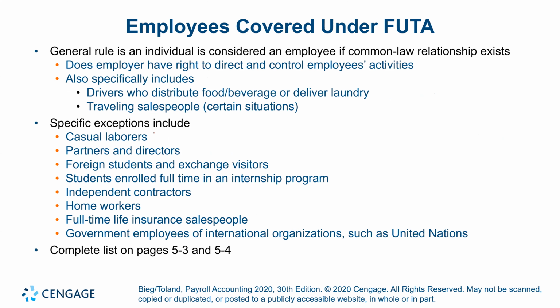All right, so employees covered under the Federal Unemployment Tax Act. The general rule is an individual is considered an employee if a common law relationship exists, and I mentioned this earlier. If the employer has the right to direct and control the employee's activities, that's the common law relationship.